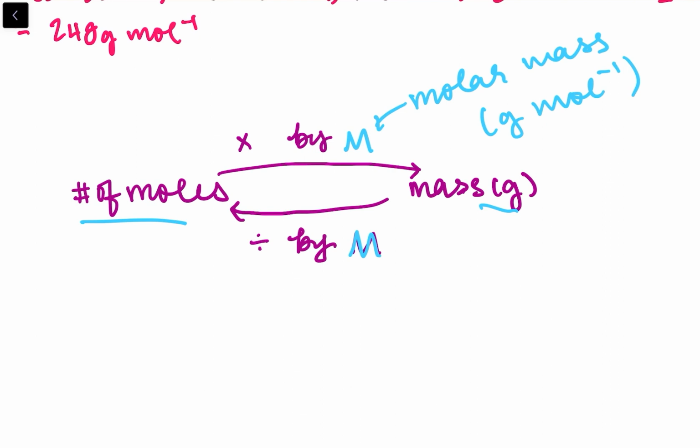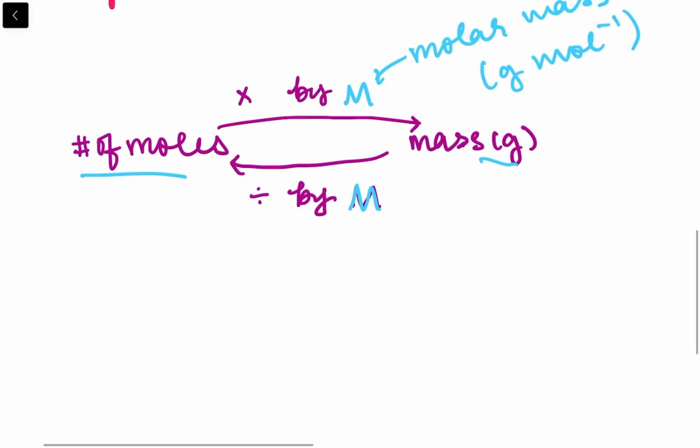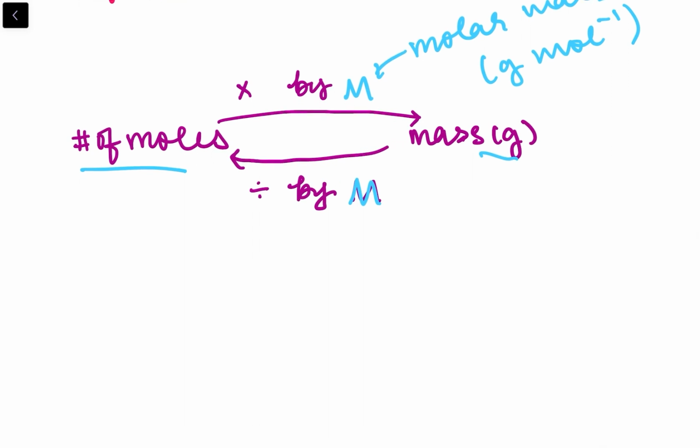Let's do an example. Let's say you have 0.50 grams of CuCl2, and you want to know the number of moles that you have. So we're trying to go from grams to number of moles.